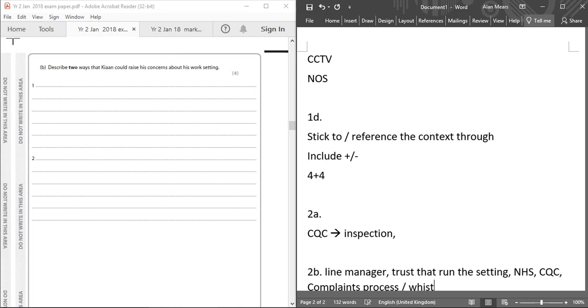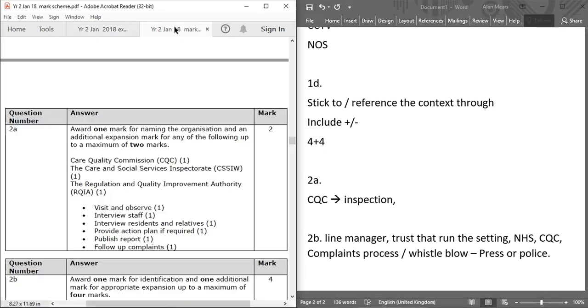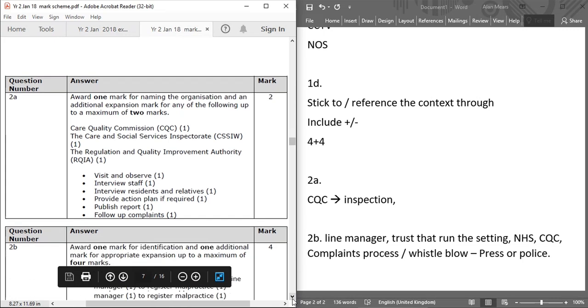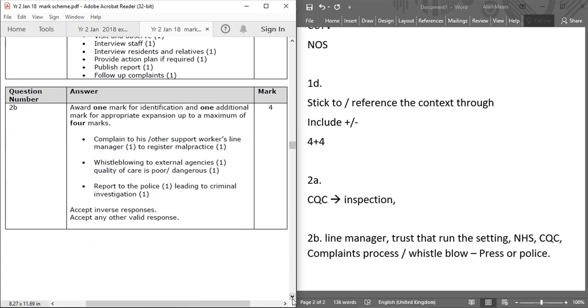Whistleblow. He could go to the press or police. So if he had a major complaint and he felt danger to the patients, there's a route, or lots of different routes you can take. And again, looking at the mark scheme here: complain to his line manager and register malpractice.